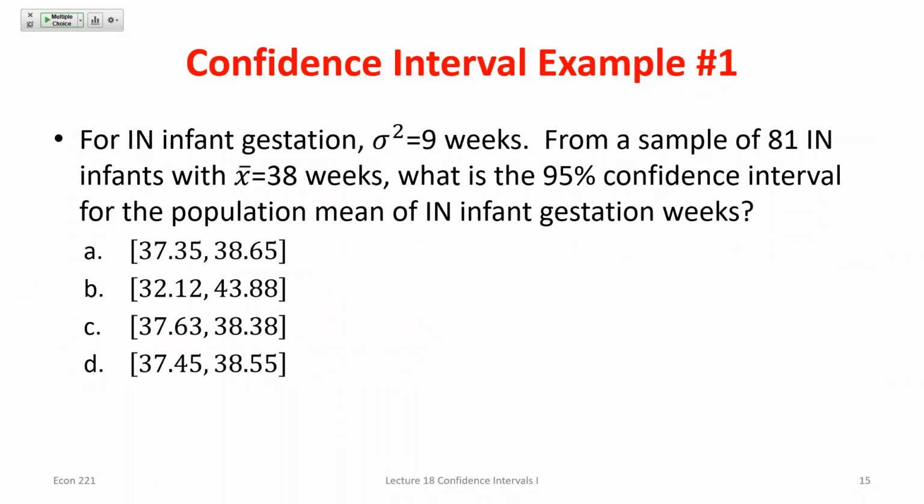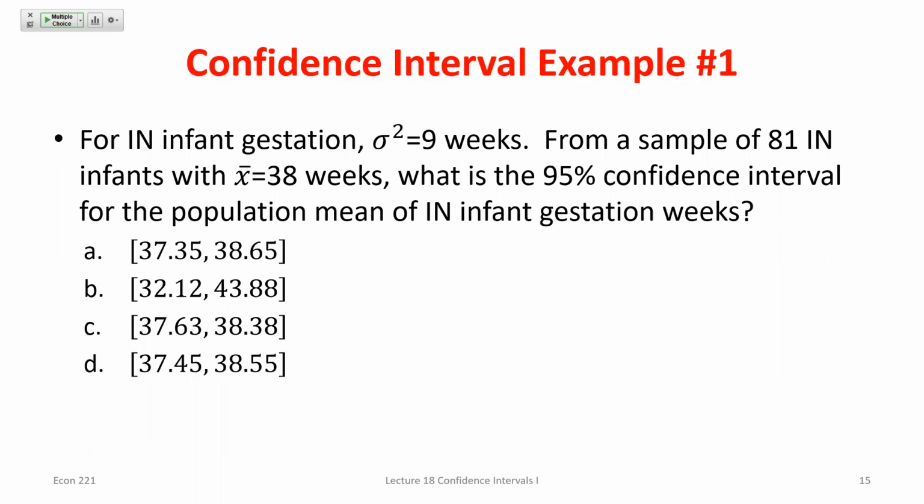But one thing we can remember, potentially in the future, to rule certain answers out if I was looking at a multiple choice question, is that my confidence interval should be centered around whatever that sample statistic was. So 38 should be smack dab in the middle of the real confidence interval. If I'm going through these potential answers and 38, my sample mean, isn't exactly in the middle, I know that can't be the right answer.